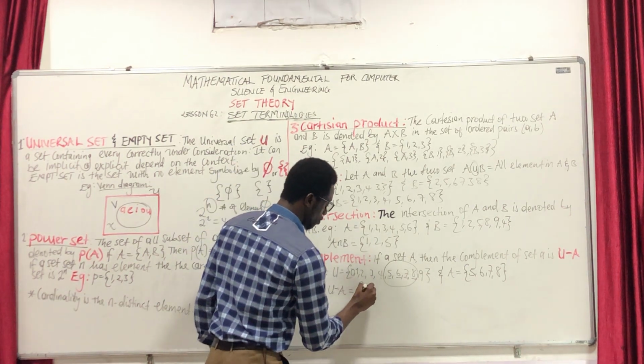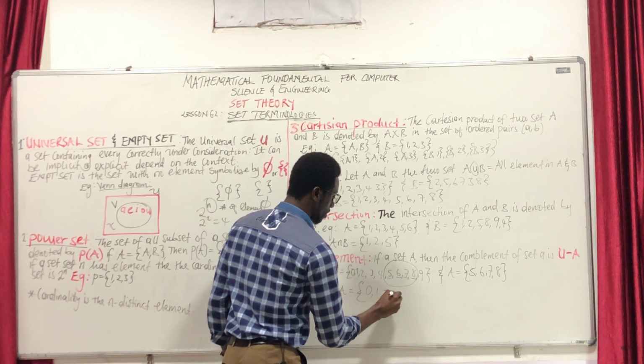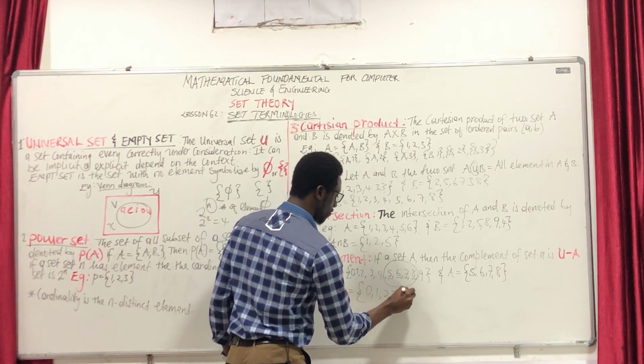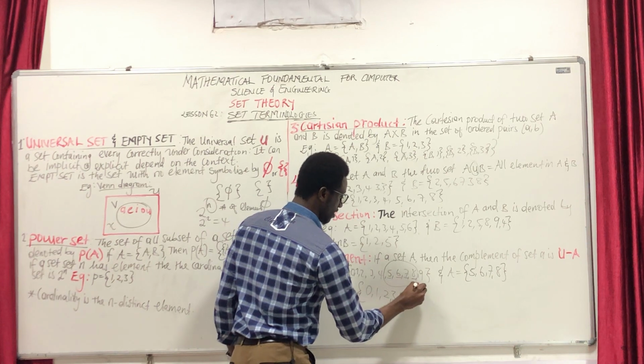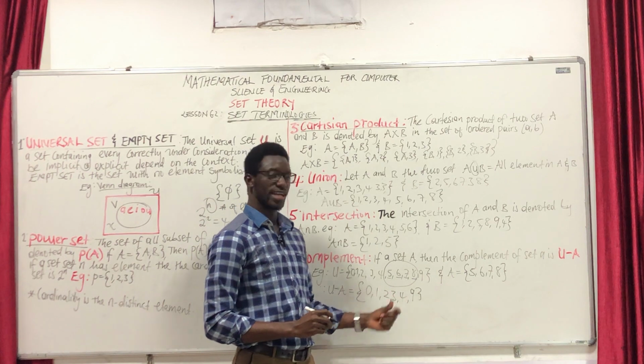So here we have 0, 1, 2, 3, 4, and 9. The complement is 0, 1, 2, 3, 4, and 9.